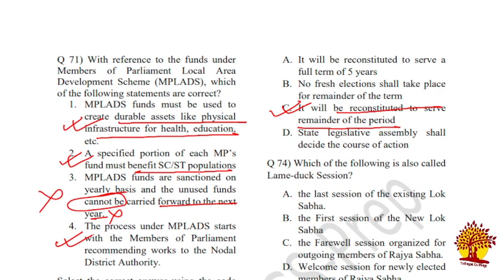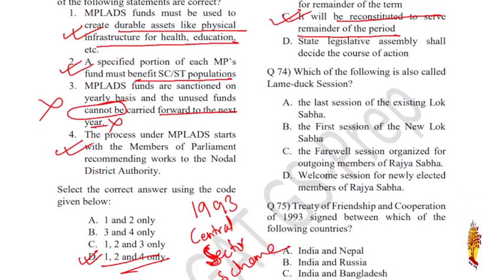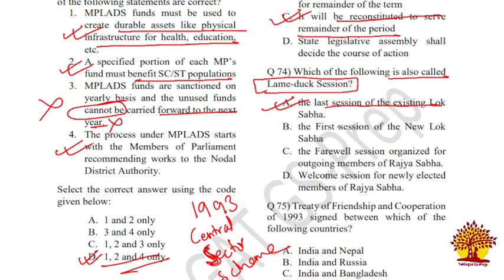Next one, 74th. Which of the following is also called as a lame duck session? What is the meaning of lame duck session? Here, correct answer is option A. The last session of existing Lok Sabha. Last session of existing Lok Sabha members will be a lame duck session.